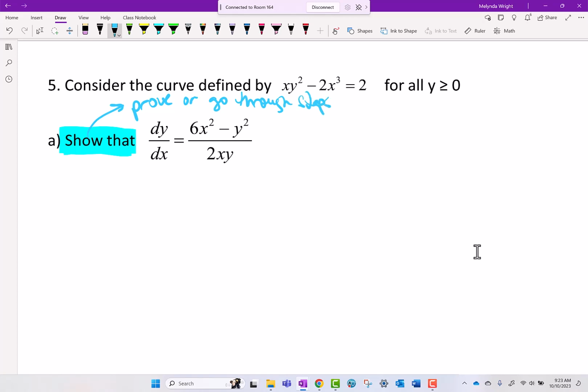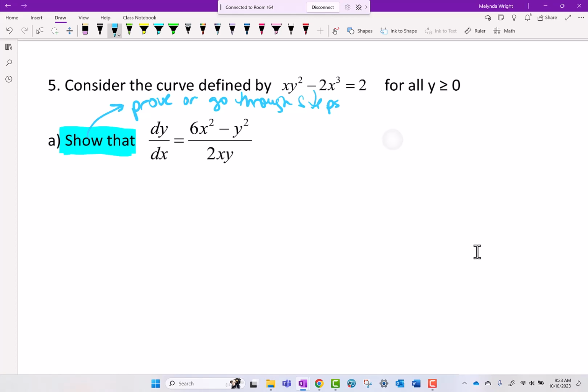So they basically gave you the answer. You're just supposed to work it from scratch. Show that means work it from scratch and get the same answer they got. That's really important because some students get really confused about what that means. It just means work it out.